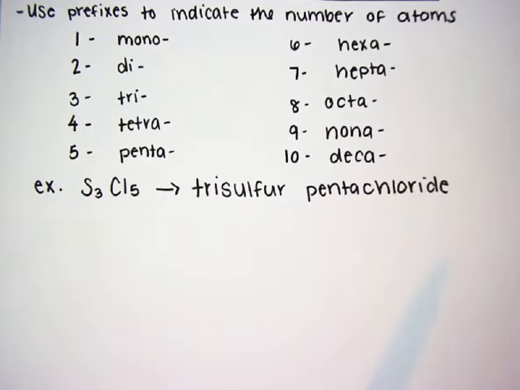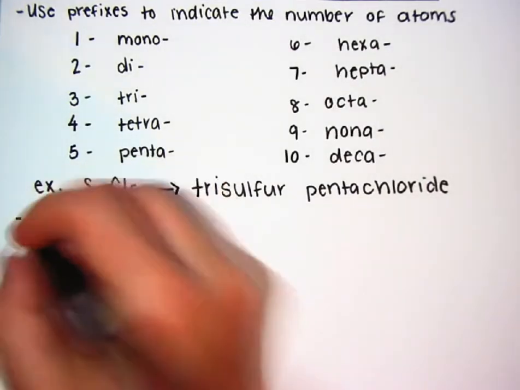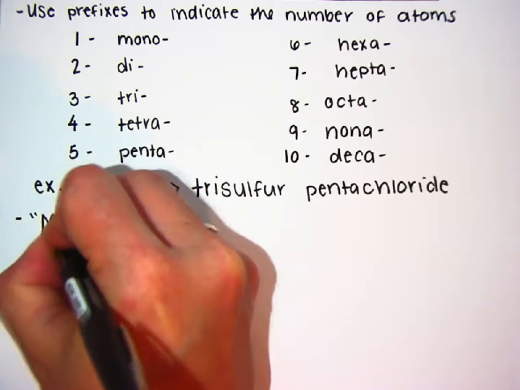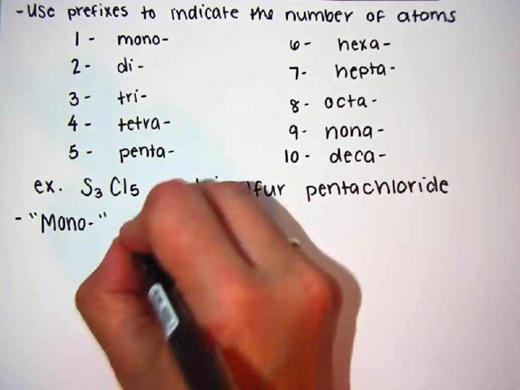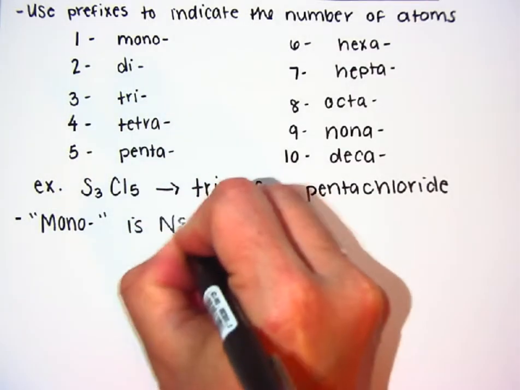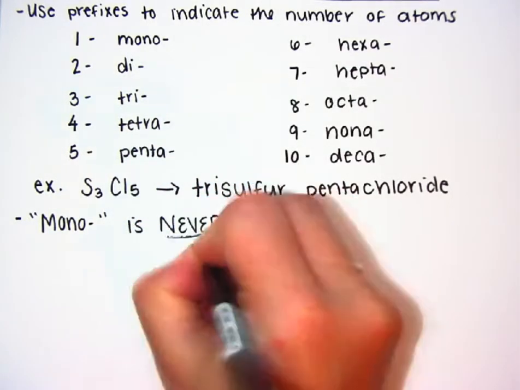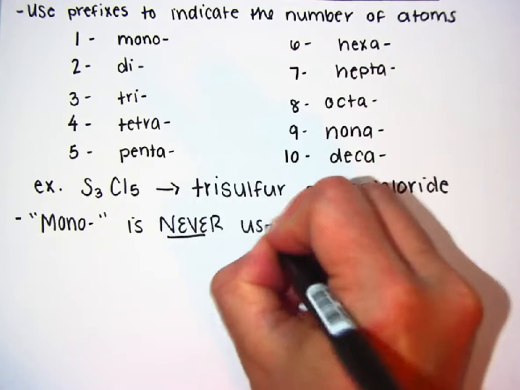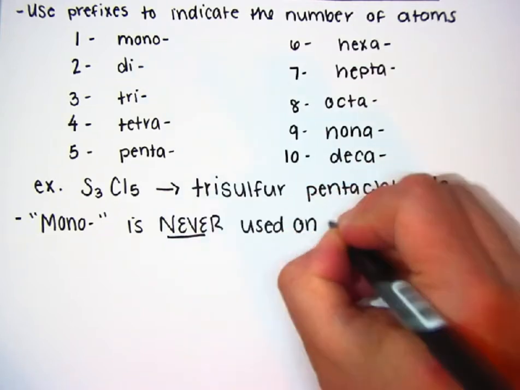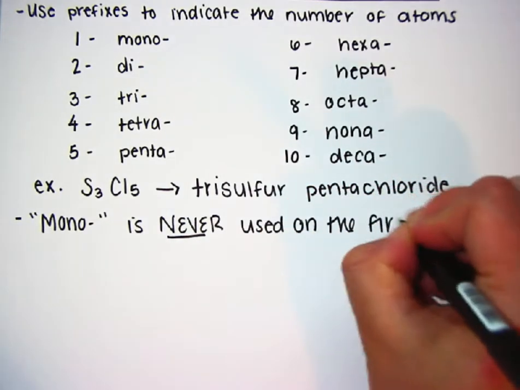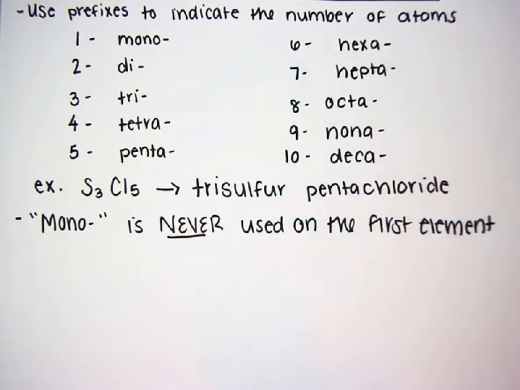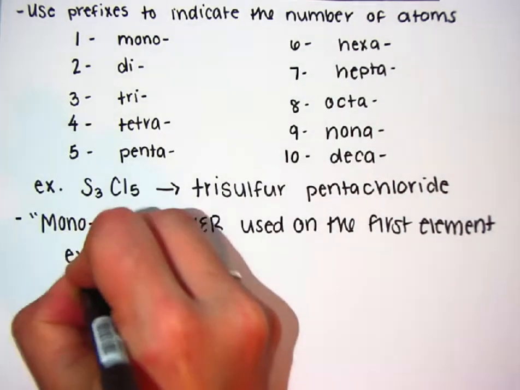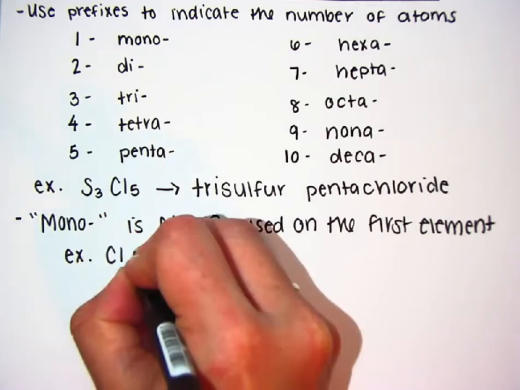There are a few rules that we need to know. Number 1, that prefix mono is never used on the first element. So let's say my compound was ClF.